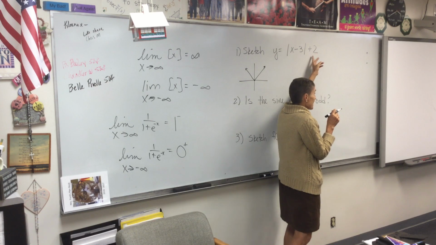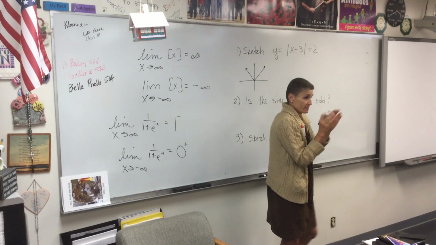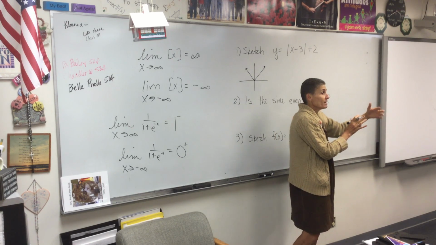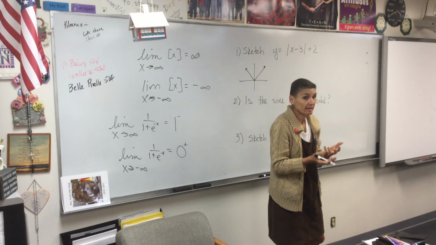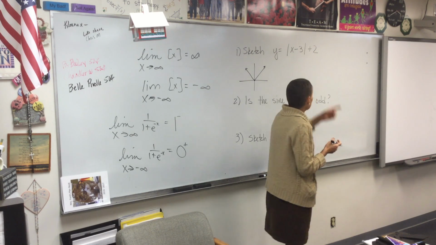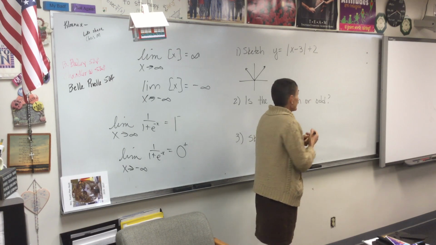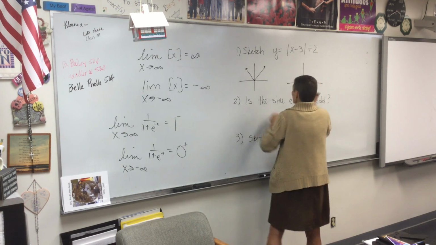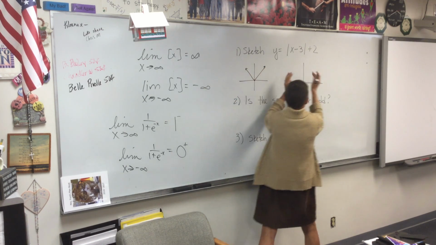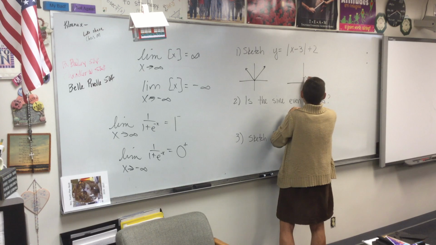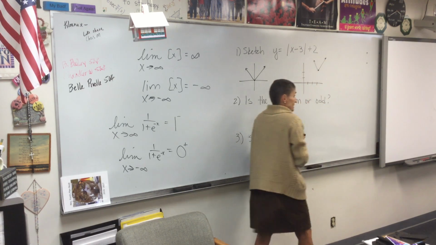If a number is tacked on the end of the problem, not grouped with the x, it moves you up or down, and it does exactly what it looks like it's going to do. So if that says plus 2, that means we're going to go up 2. So you're going to have your exact same V, like you cut it out and pasted it so that the vertex is at the point (3, 2). Does that make sense to everybody?